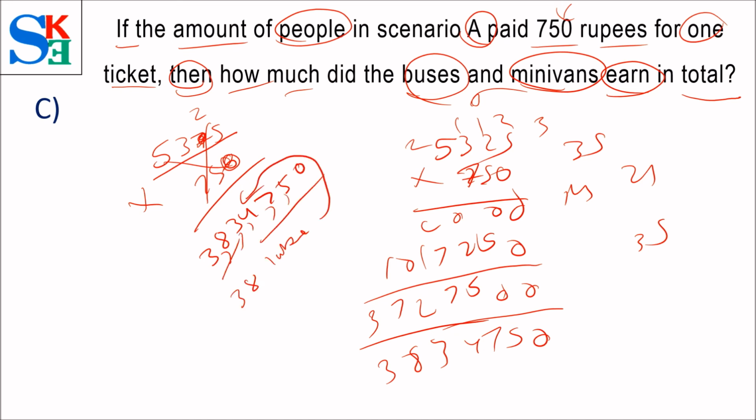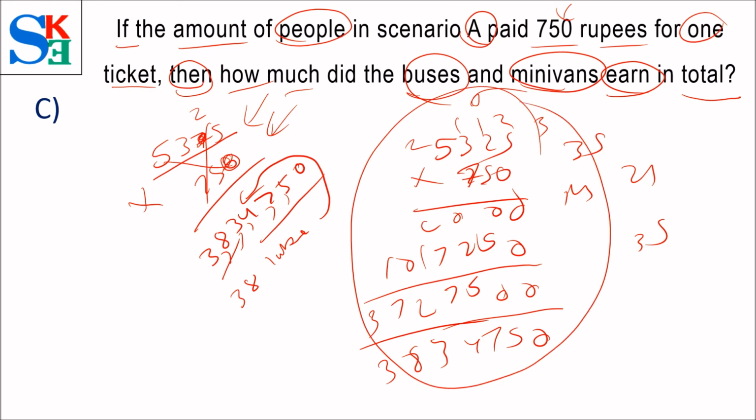Okay, how did I get this answer? I multiplied the passengers by the number and did the whole calculation, and I got my answer. I'm going to write it pretty neatly: 3,834,750. Okay, so I hope you understood.